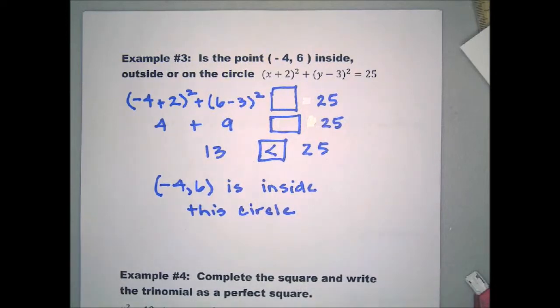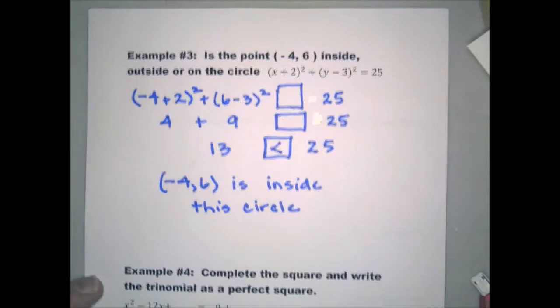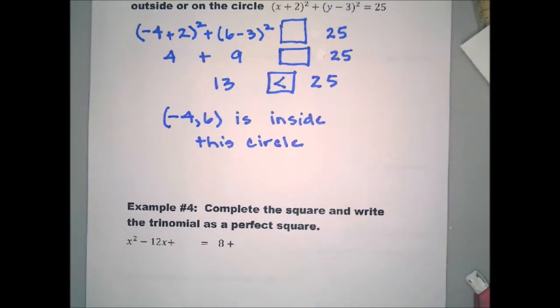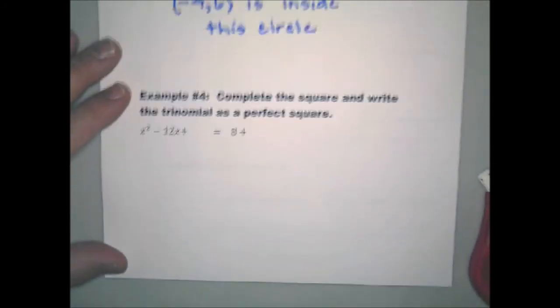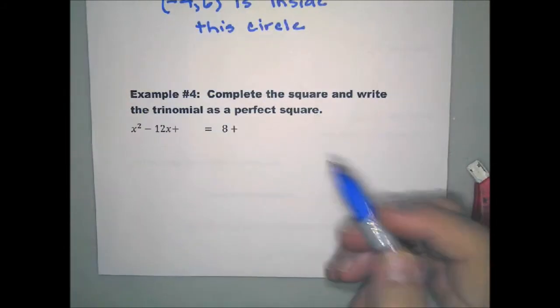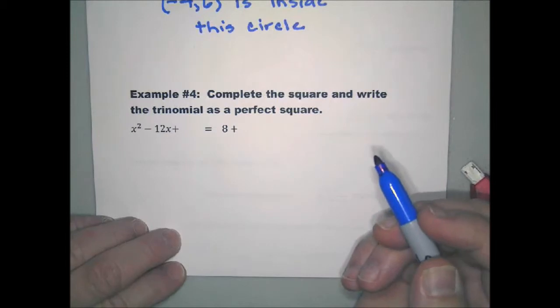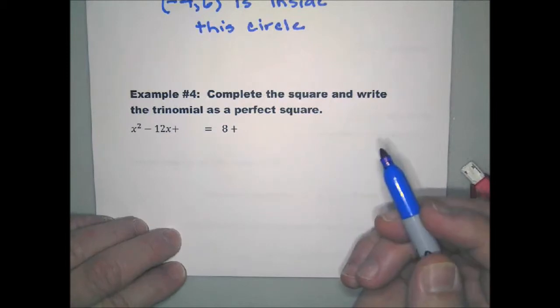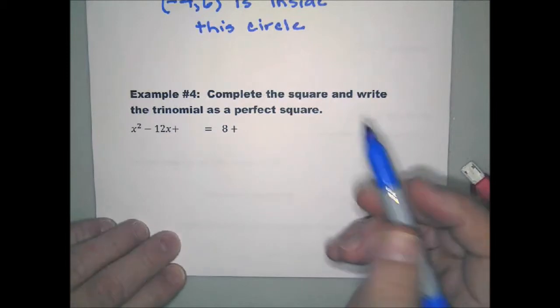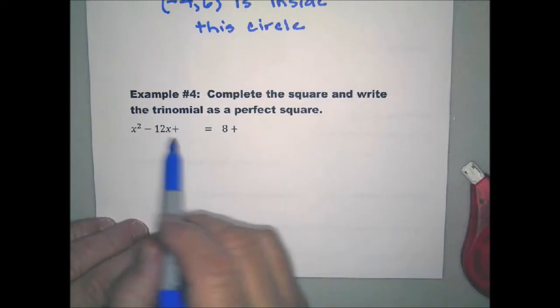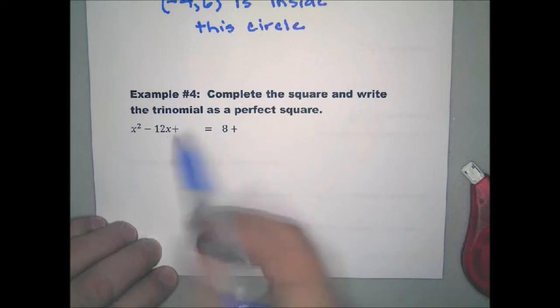Now, example number 4. Completing the square and write the trinomial as a perfect square. We're going to be using this concept a lot throughout the entire unit, because when you write the equation of a circle in its general form, we need to have perfect squares. So the way you create a perfect square, x squared minus 12x is not a perfect square.